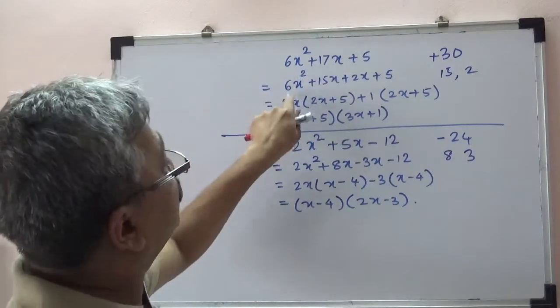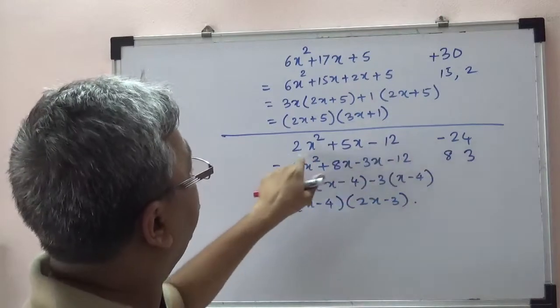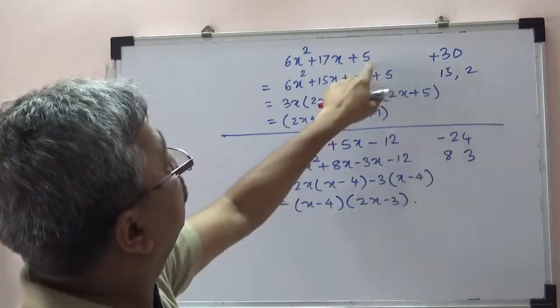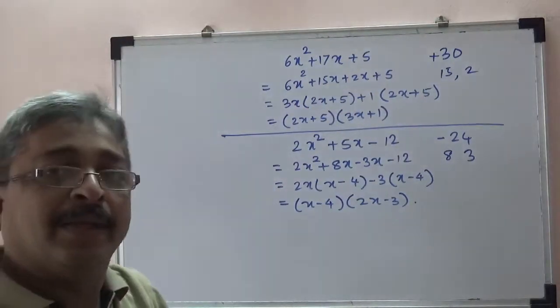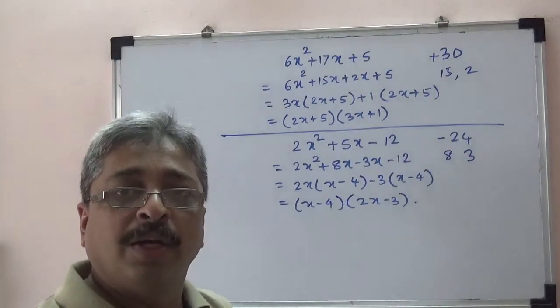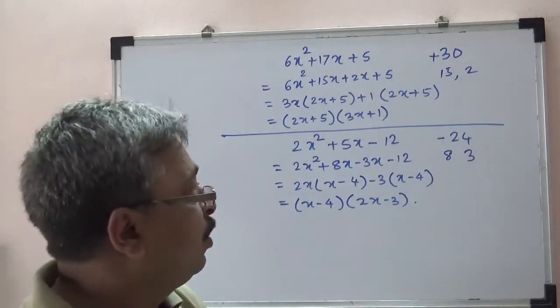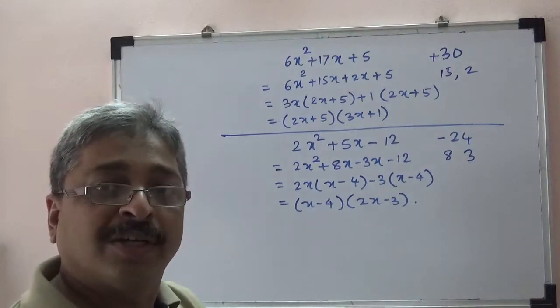Today the coefficient of x square is not 1, therefore the number we consider is 12 into 2 with negative sign here, 5 into 6 with positive sign there, and then you search. These methods also work for small numbers, where we can directly find the factors and the sum and difference of those two factors.